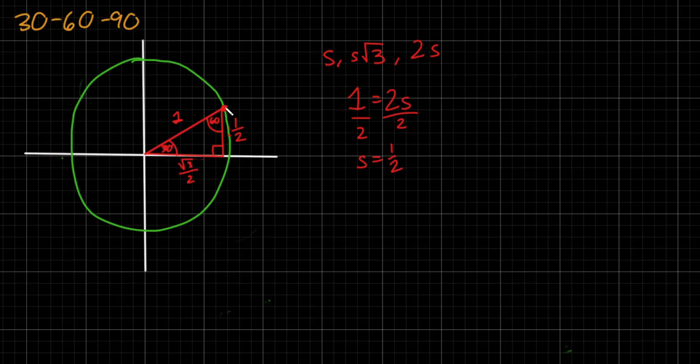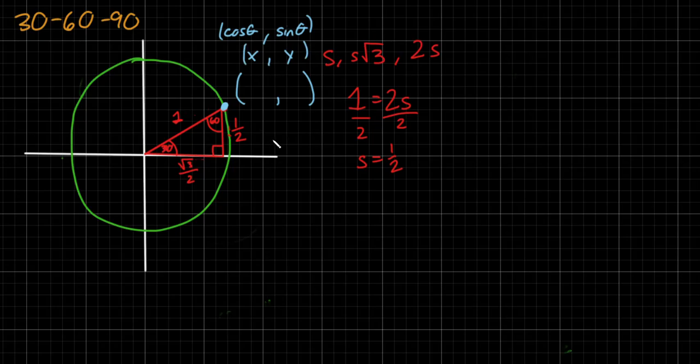So same thing as yesterday. We now know this point right here, which is X and Y. What is X again? Is that sine or cosine? Yep, cosine of theta. And what's Y? Yep, sine of theta. So what is my X value right now?